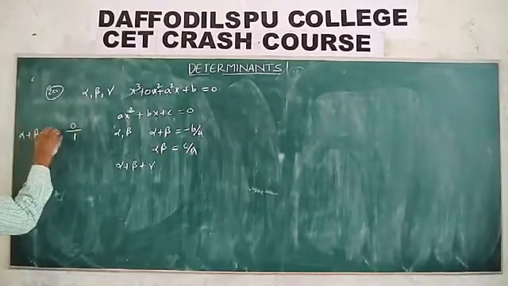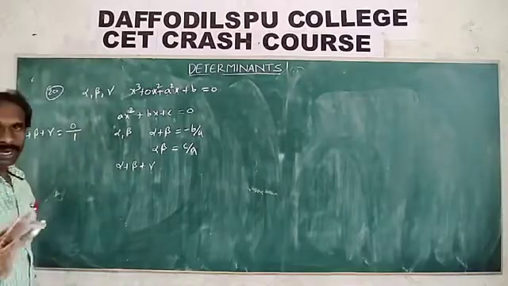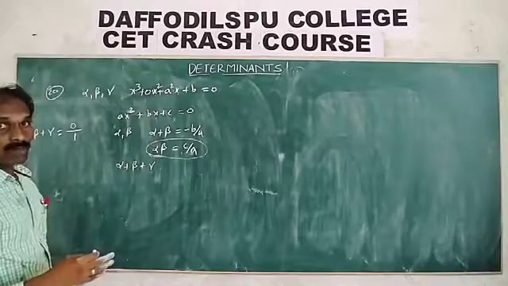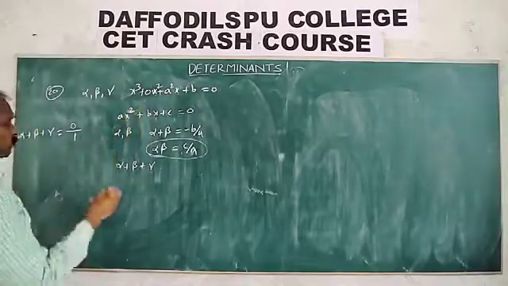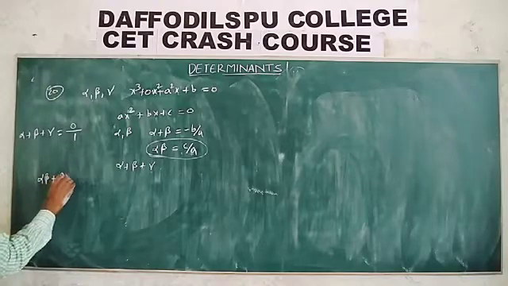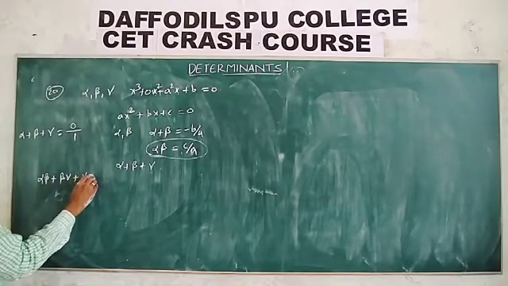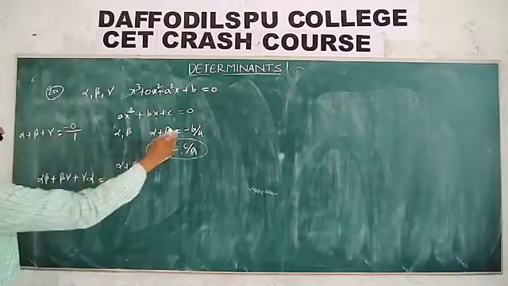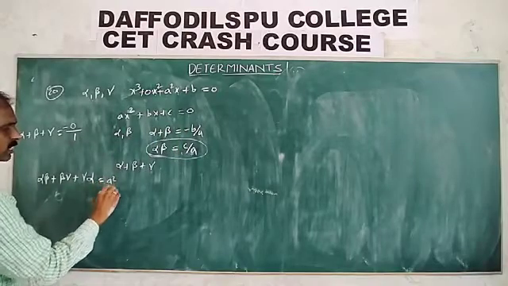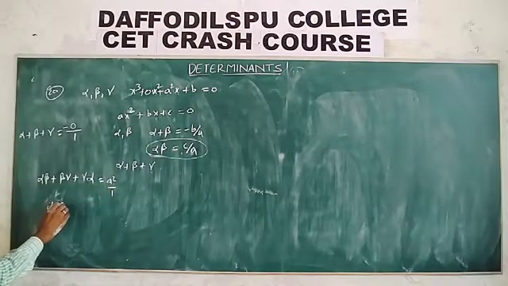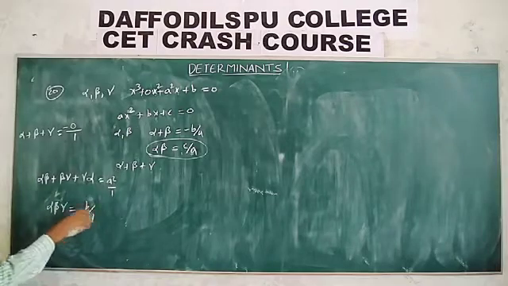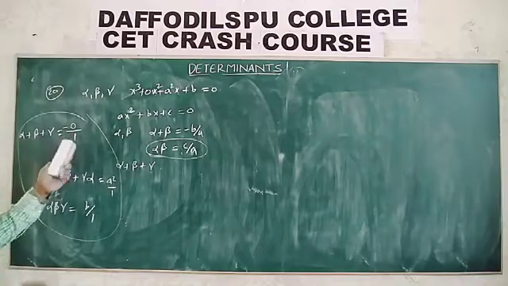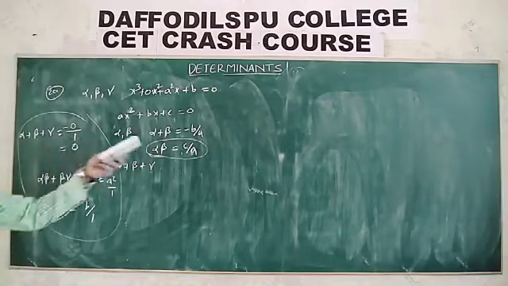Next, alpha beta plus beta gamma plus gamma alpha is equal to the x coefficient, a square by 1. Next, alpha beta gamma is minus b by 1. This is the concept of theory of equations. So what do you get, students? Alpha plus beta plus gamma is equal to 0. Now come to this problem.